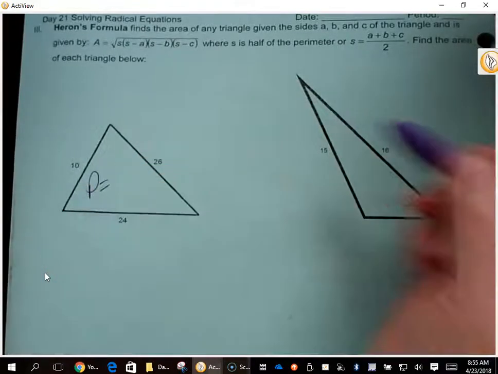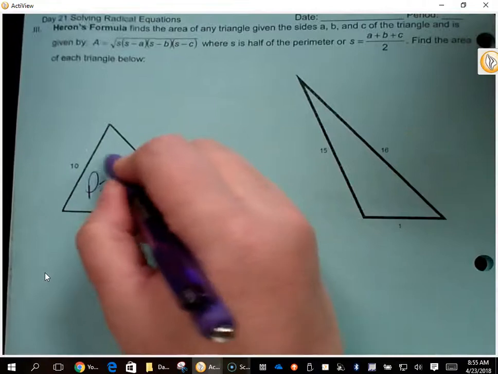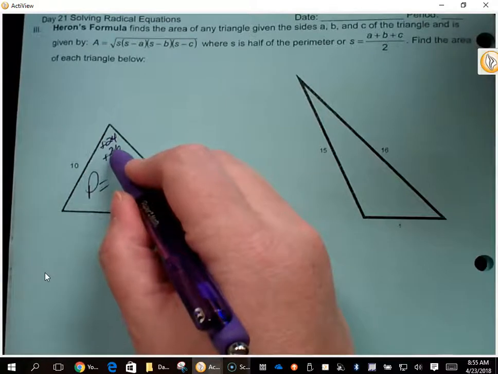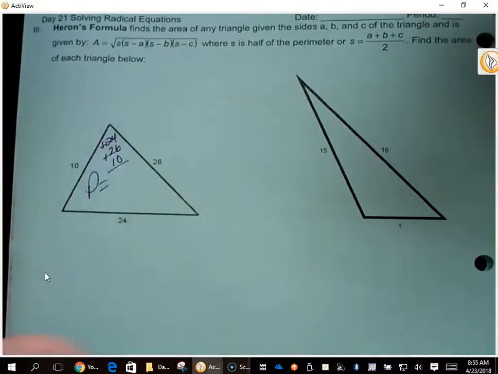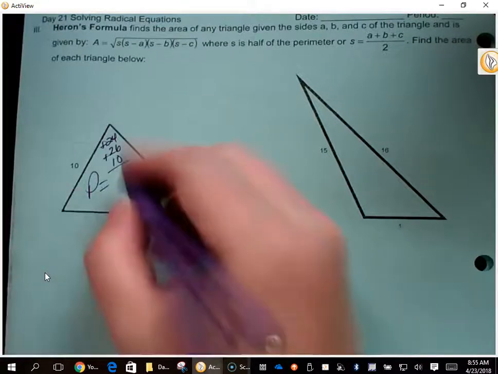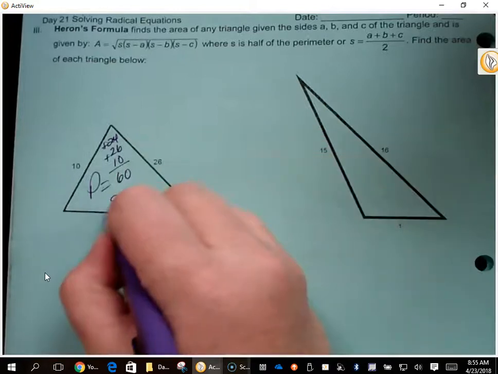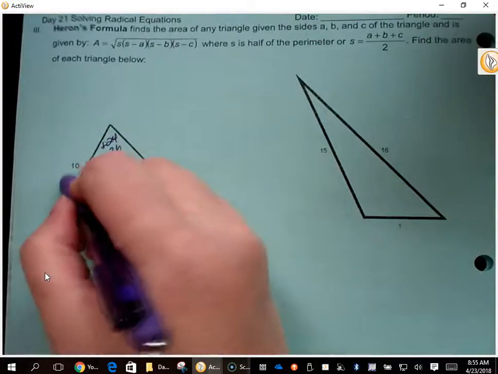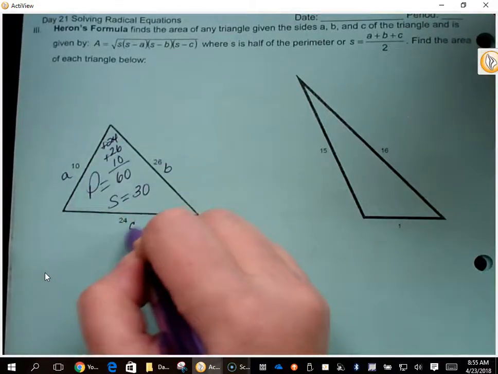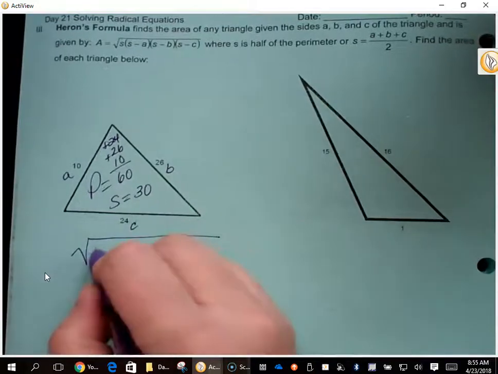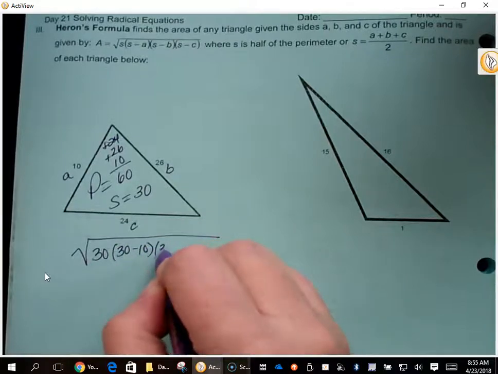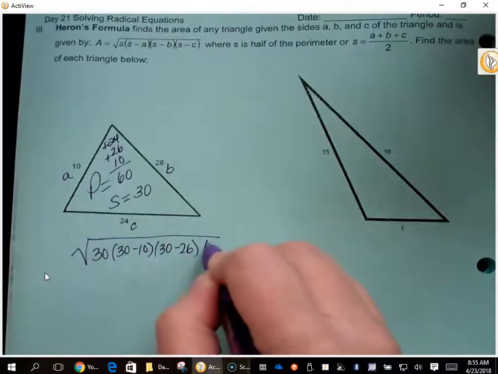To find the perimeter, we add all the sides up. So we're going to do 10 plus 26 plus 24. So that's 36 plus 24 is 60. So S is half of that, which is 30. So to do our formula, we've got side A, side B, side C. So we're going to take the square root of 30 times (30 minus 10) times (30 minus 26) times (30 minus 24).